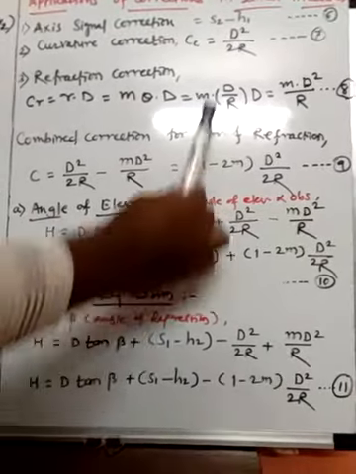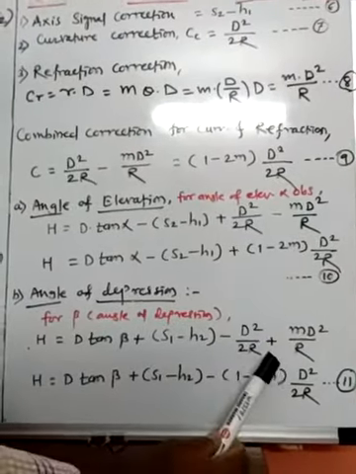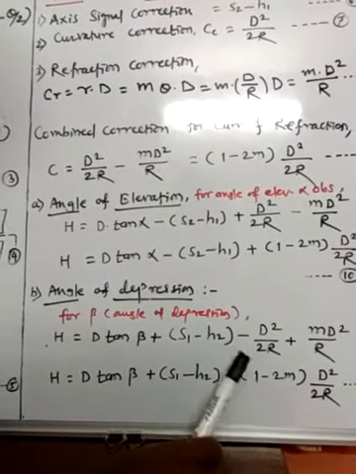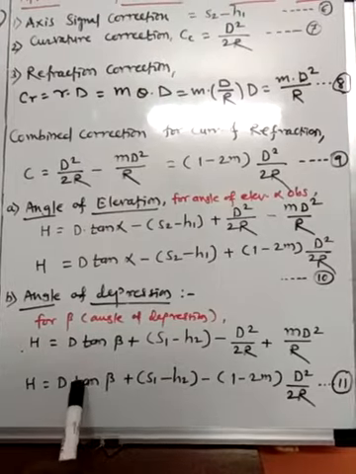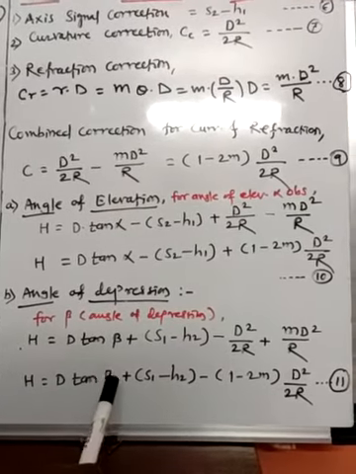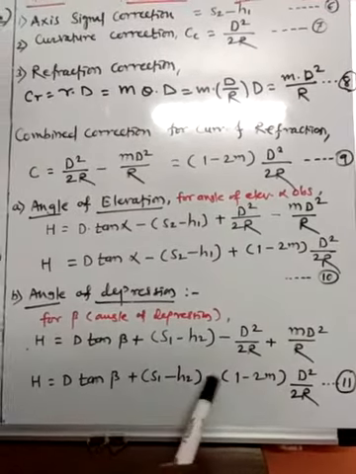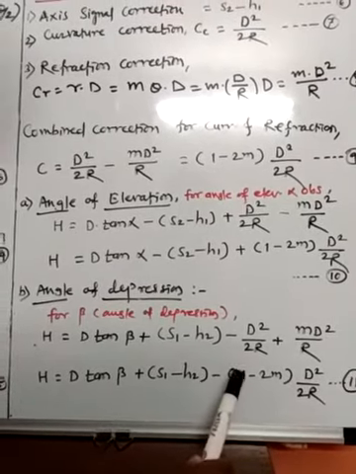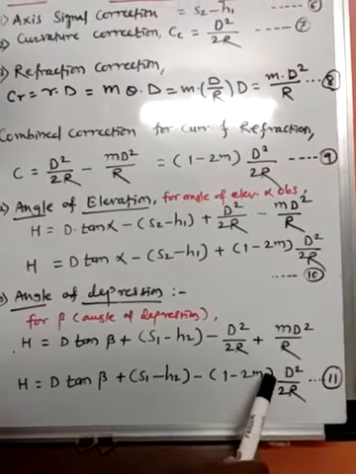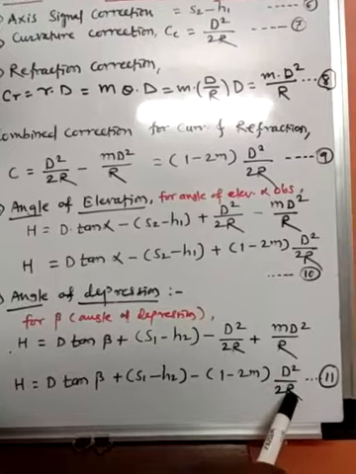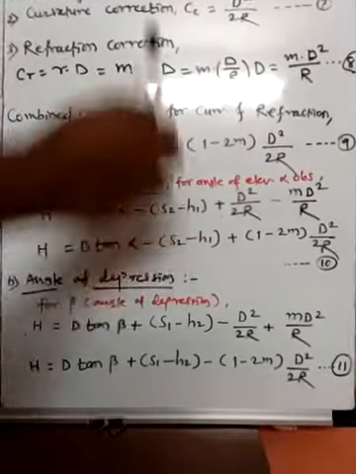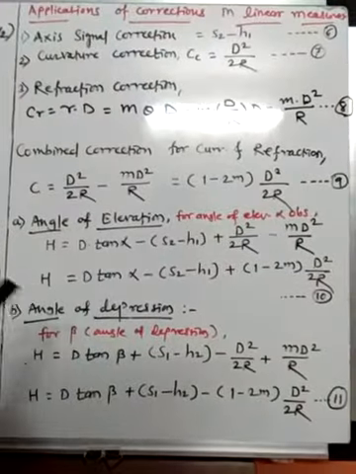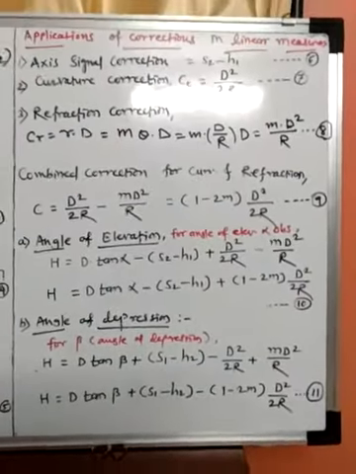So the equation can be written as H equals D tan beta plus (S1 minus H2) minus (1 minus 2m) D square divided by 2 times R. This is equation number 11. So this is the part related to applying corrections in linear measurement.